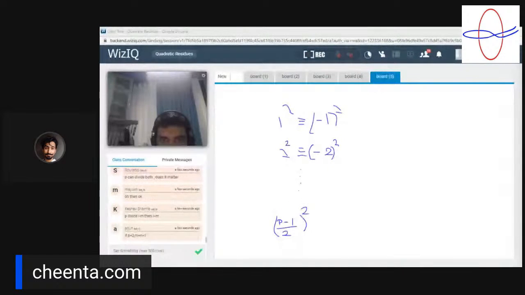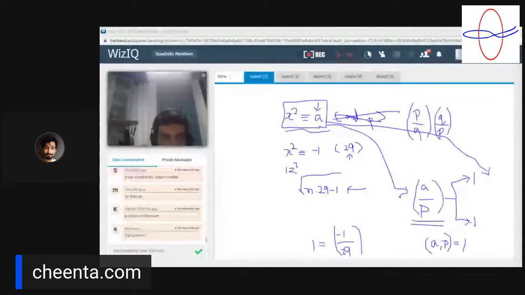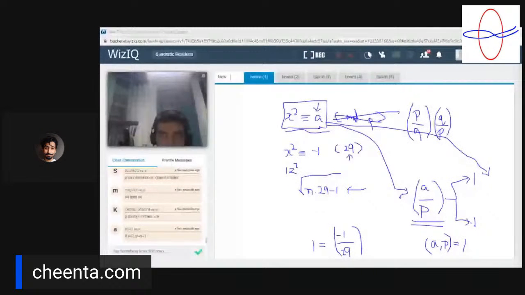So each of these will give a unique value, giving us (p-1)/2 unique values, which are actually quadratic residues mod p, and the other (p-1)/2 values will be quadratic non-residues. I'll just pause over here, and if you have any questions, please do mention.